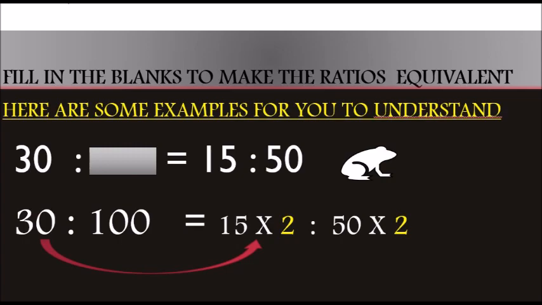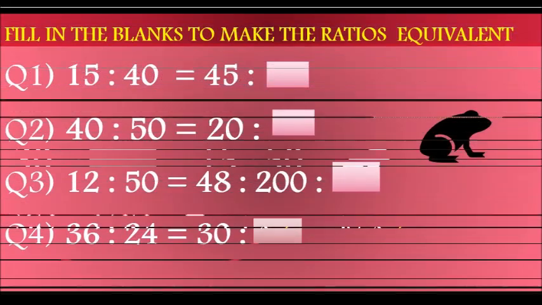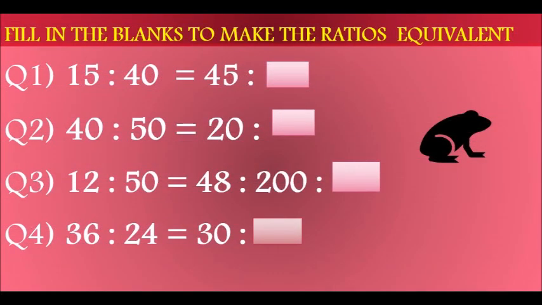Children, I have given you 4 questions, and just do it in your notebooks. They are very simple. You should always be knowing the places. The first question that you see here is 15 ratio 40. Now 15 needs to be compared with 45 since they are standing on the first place before the ratio sign. Okay? So you multiply 15 by such a number that you get 45.